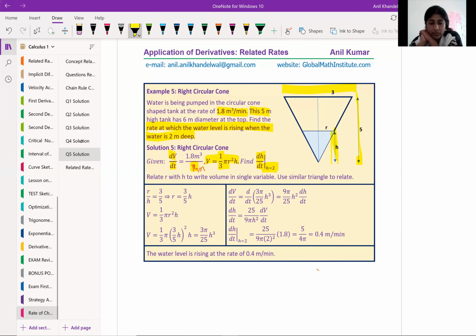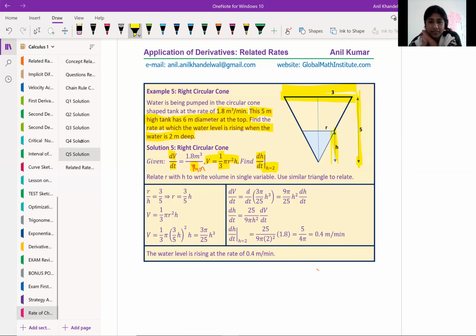However, the question says this 5-meter high tank has a 6-meter diameter at the top. So a bigger surface on the top. Normally you'll think a stable structure should have the bigger diameter on the bottom, like a cone upside down, right? Well, the question is saying like this, you can't change it.